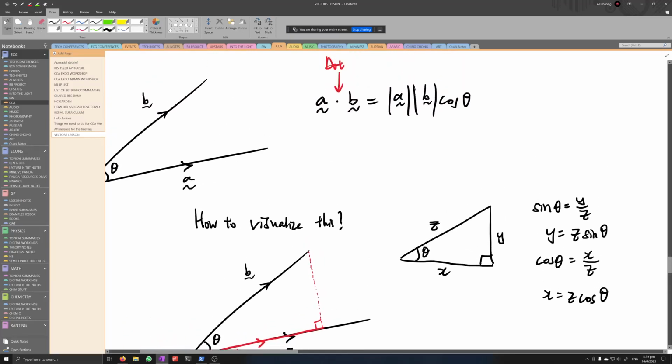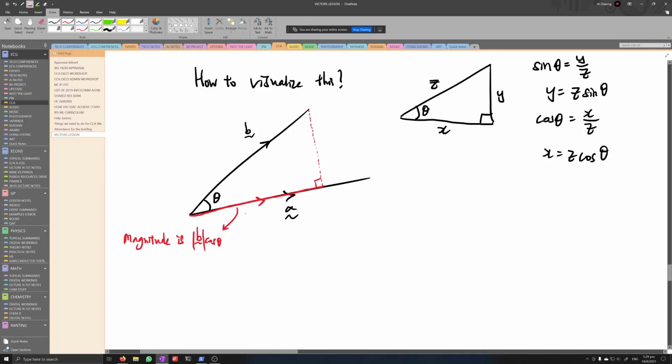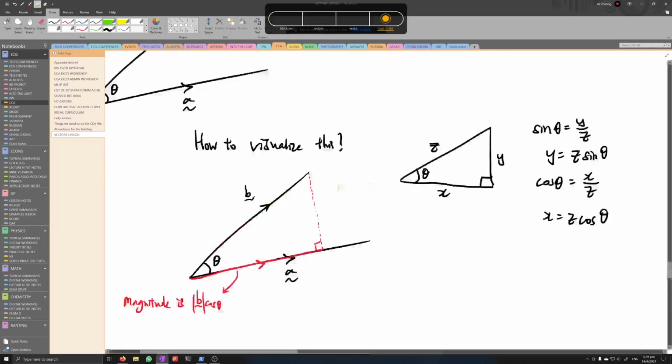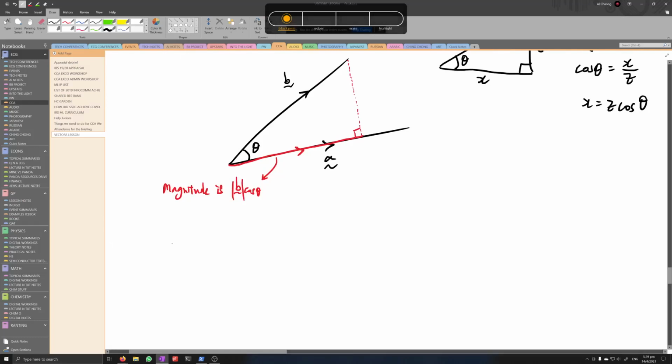So if we take a dot b, which is mod a times mod b times cosine theta, we are actually taking the magnitude of a, this whole thing, times this thing. So that is a nice way to visualize it. So you just write it down.